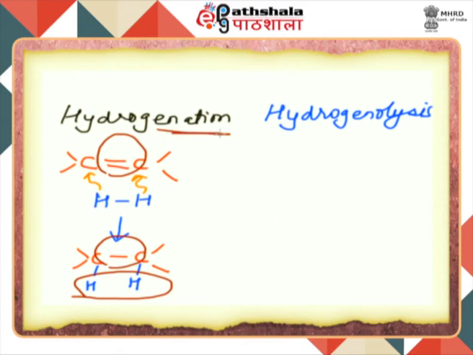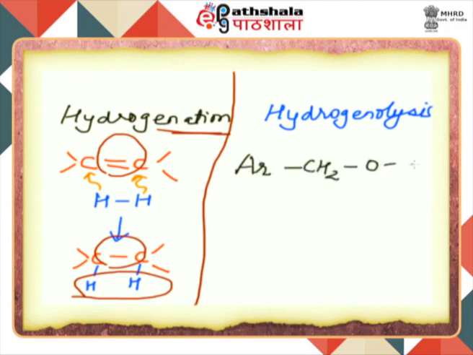Now in contrast, if we consider the case of hydrogenolysis, what happens is if we have this Ar-CH2-O and there is another alkyl group joined here, and if this molecule is treated with hydrogen gas, this hydrogen will be adding to this carbon and this hydrogen adds to this oxygen, and as a result the molecule gets cleaved.